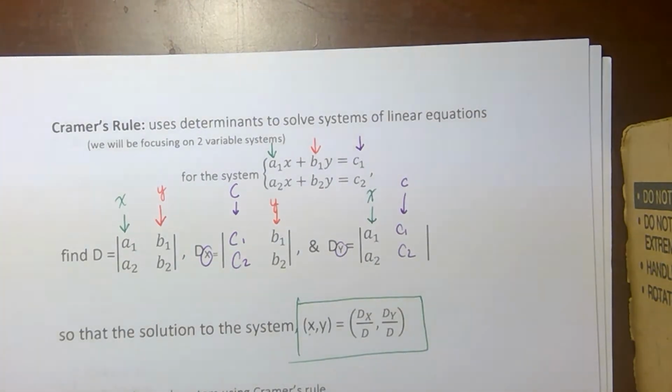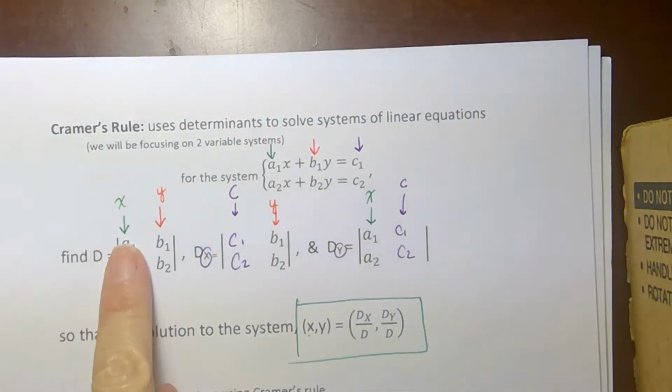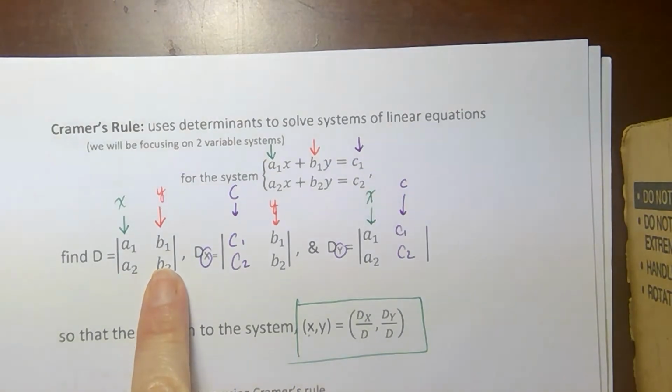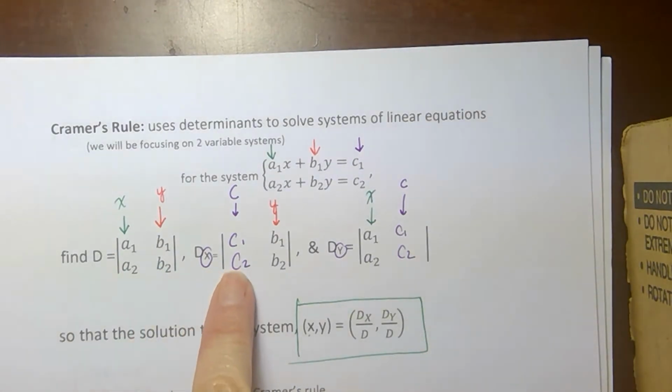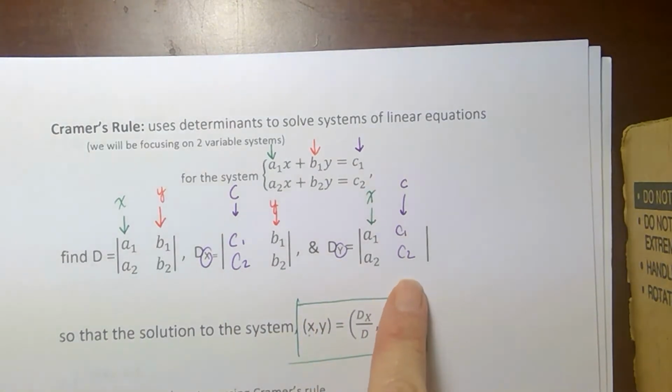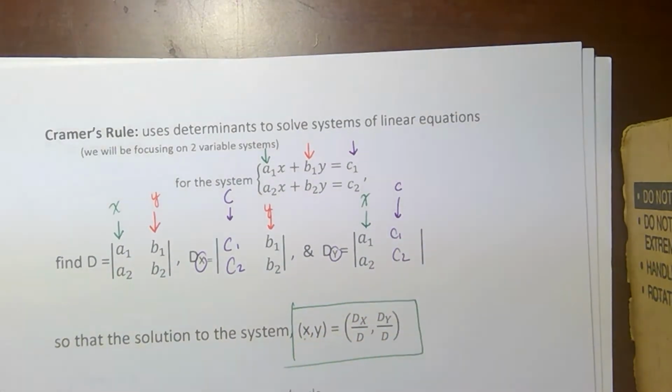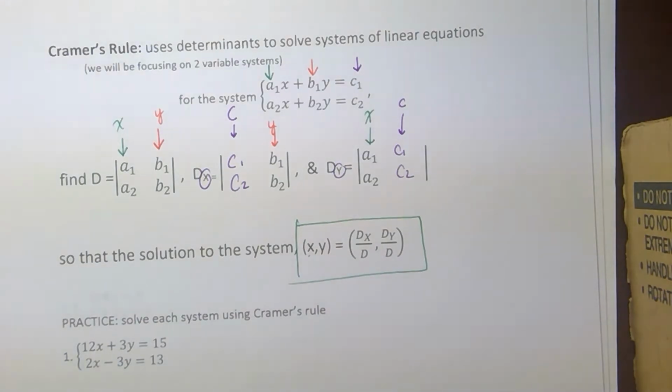So if I want to think of it as x, y, and constants, my main determinant is the x column, y column. For D sub x, I replace the x column with the constants. For D sub y, I replace the y column with the constants. Let's do one. It's really not hard. It's pretty simple.